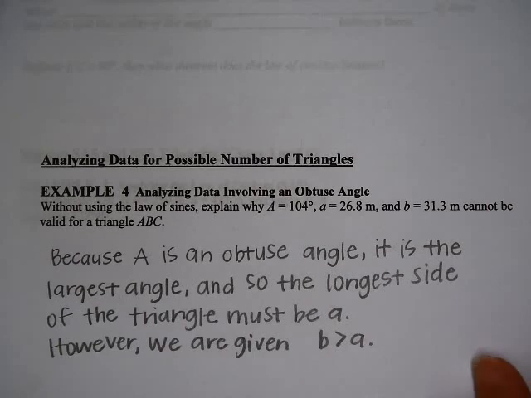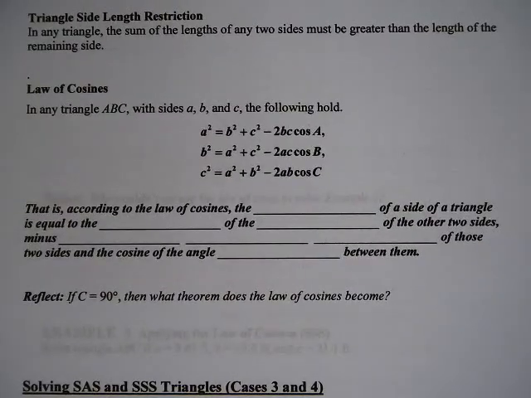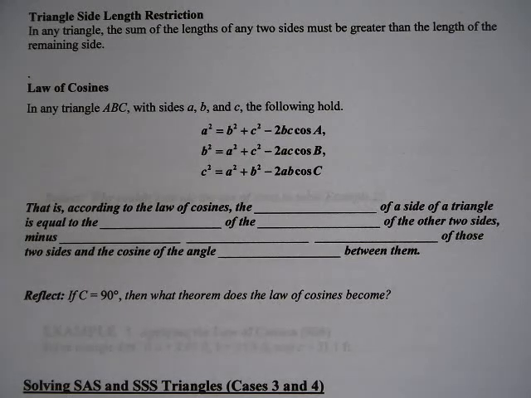All right, so let's look at 7-3. We're doing more of the same, okay? But in 7.3, we're going to be talking about law of cosines. So we've been talking about law of sines. And with law of sines, you have to have a corresponding angle measure and side, right?